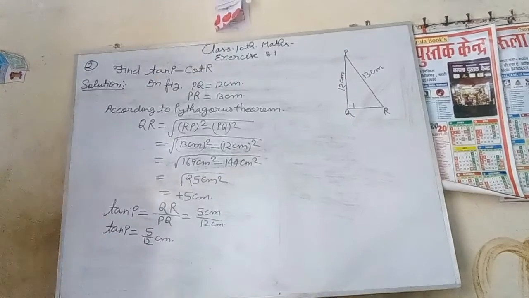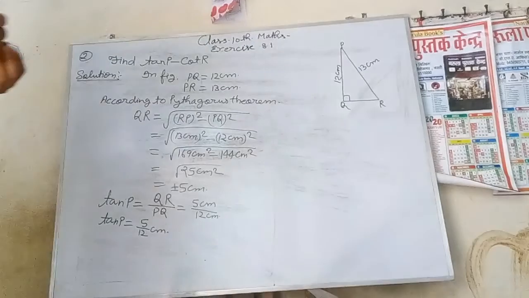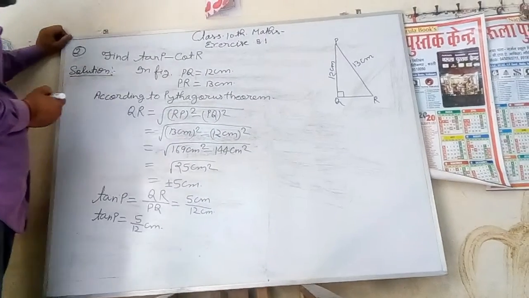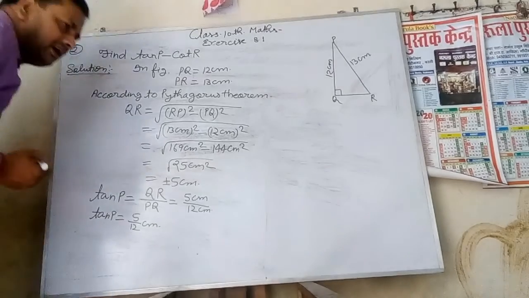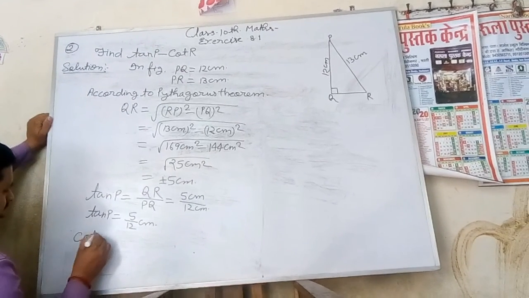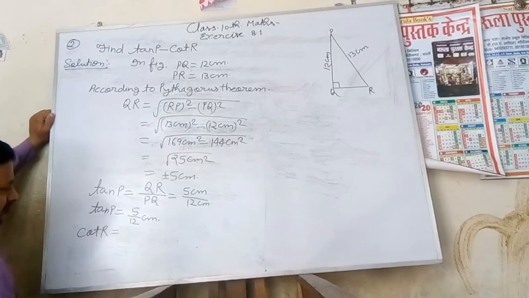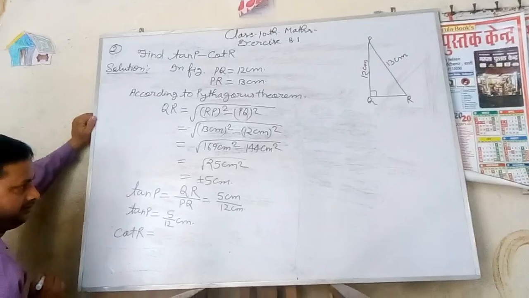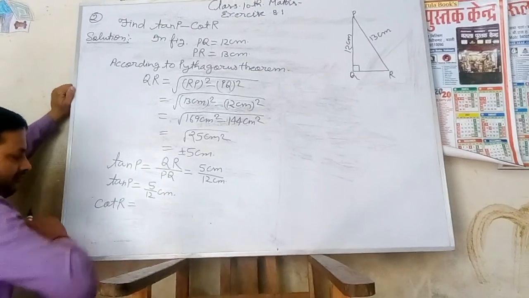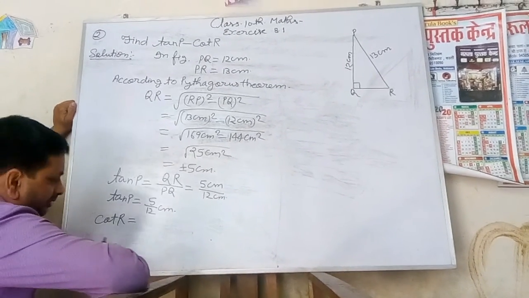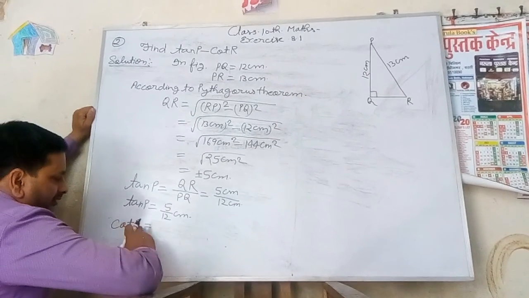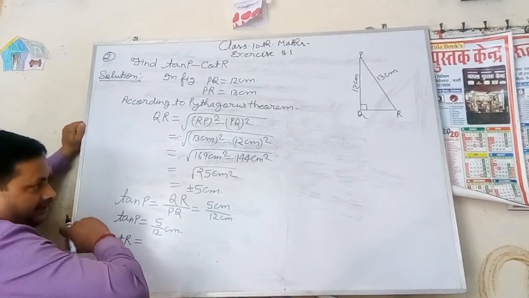And cotangent of angle R, cot R. Cot R means base upon perpendicular. It is the reciprocal of tangent.